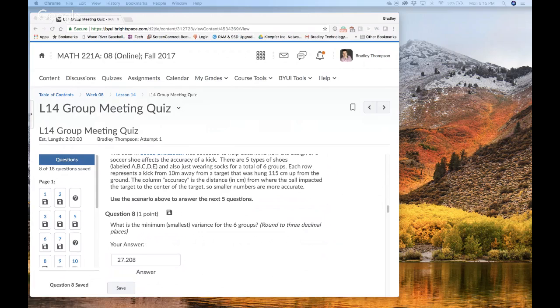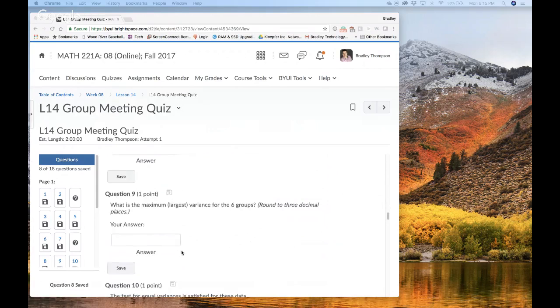The next one is asking for the maximum, the largest variance of all, because there's 27.358, 29.484, 27.208, 53.158, 31.011, and 40.724.